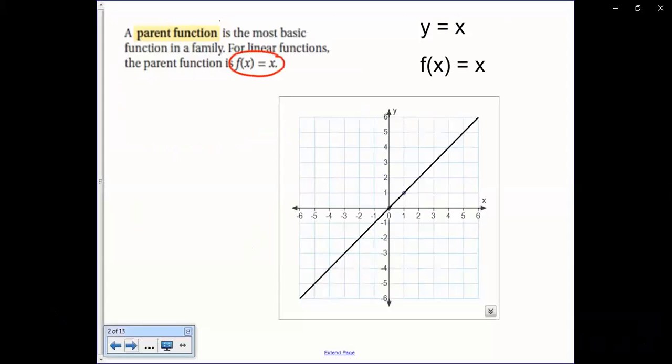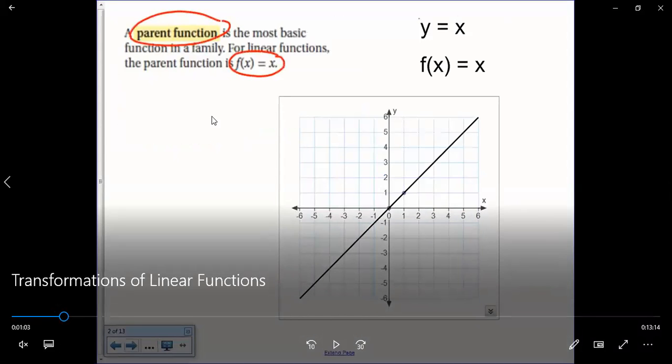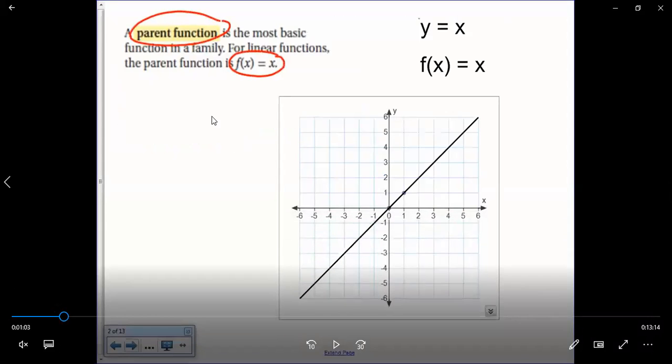We will start first with something called the parent function. What is the parent function? The parent function is the most basic function in a family. For a linear function, the parent function is f of x equals x.